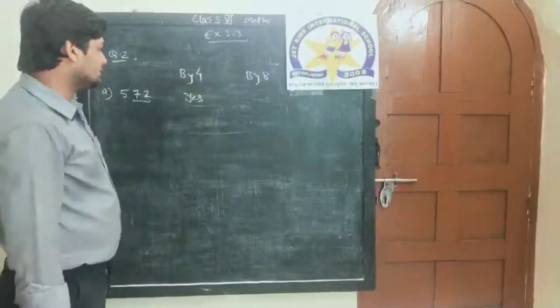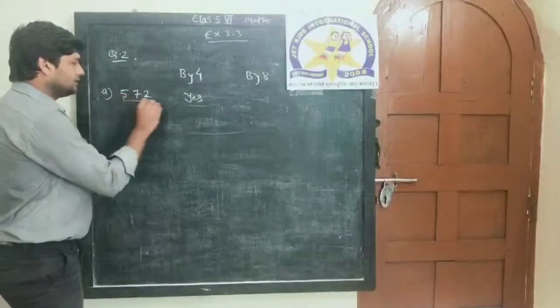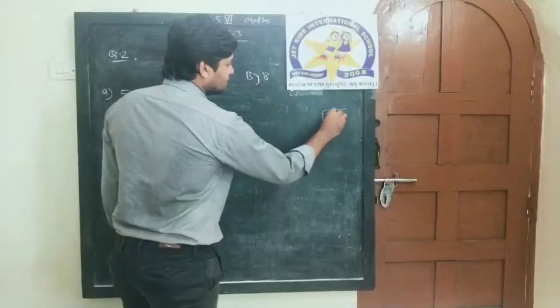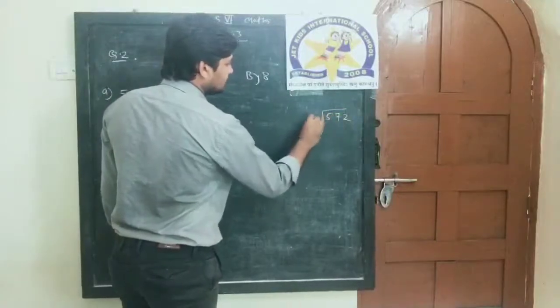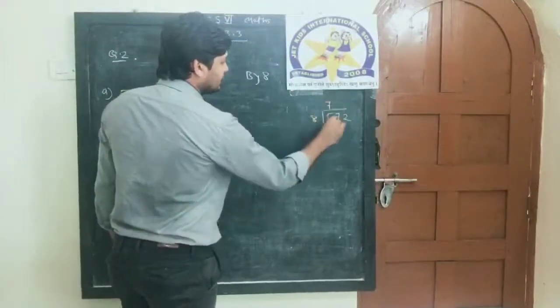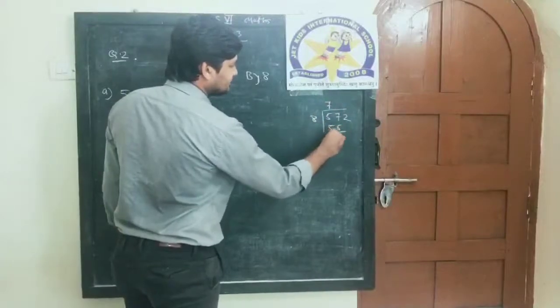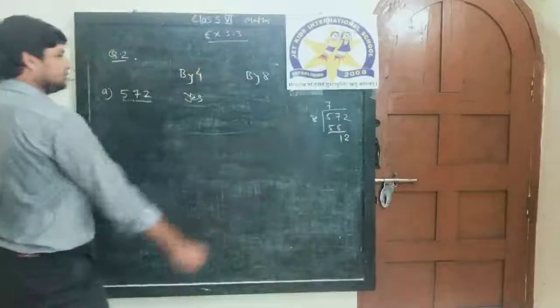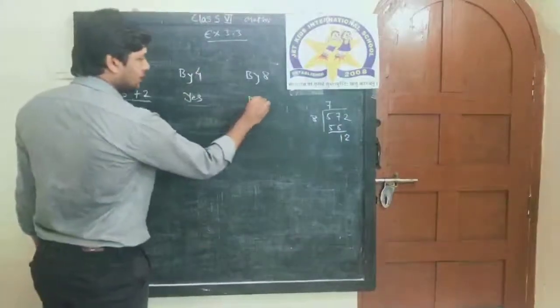Yes, it is divisible by 4. Then 572, is it divisible by 8? 8 sevens are 56, remainder 12. 12 is not divisible by 8, so no, it is not divisible by 8.